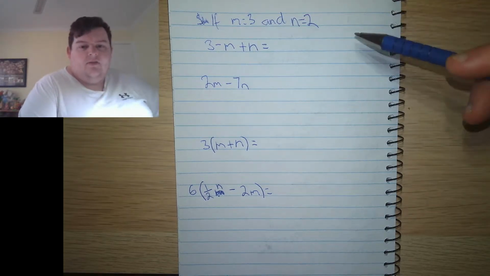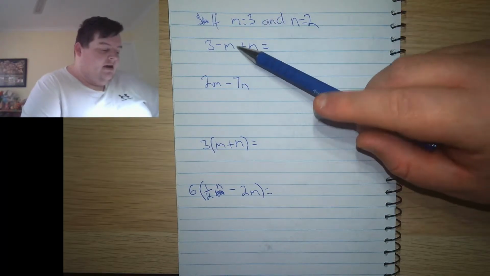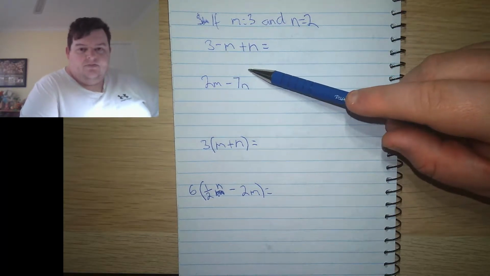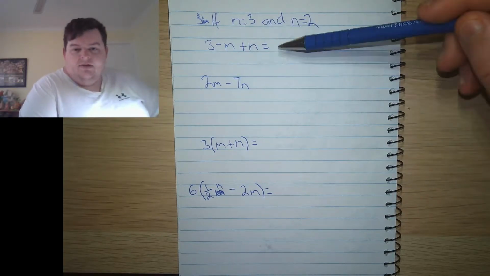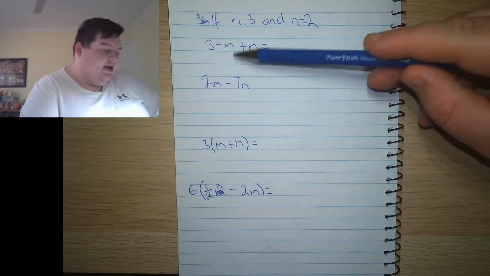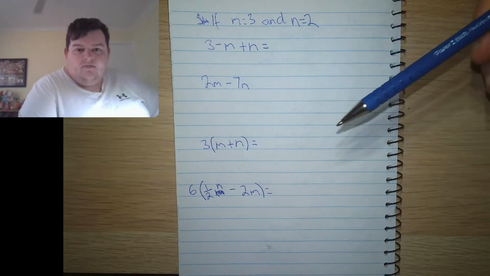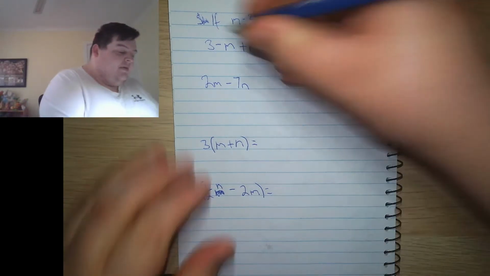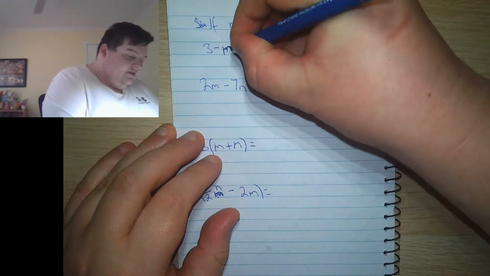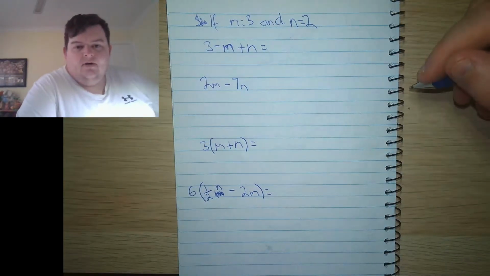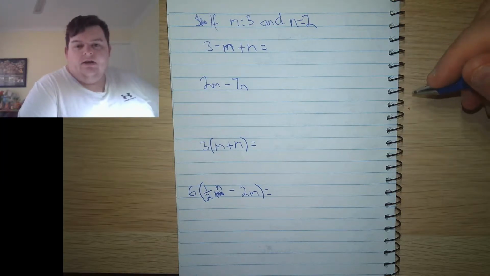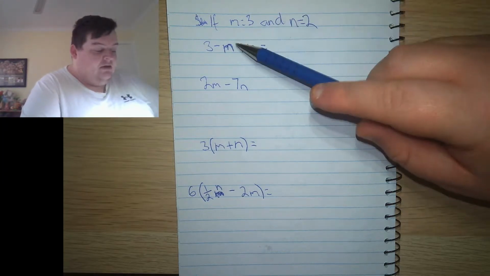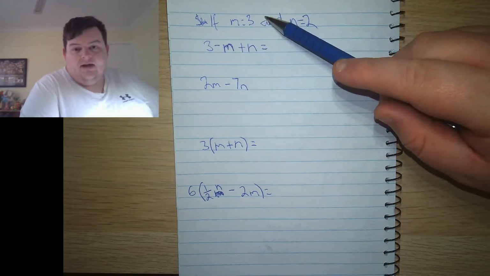So the idea being that when you have an algebraic equation, you have a bunch of letters in there, pronumerals. In this case I've got M and N. Now, we're looking at the idea that if you were to substitute these letters with these values, how would that go?